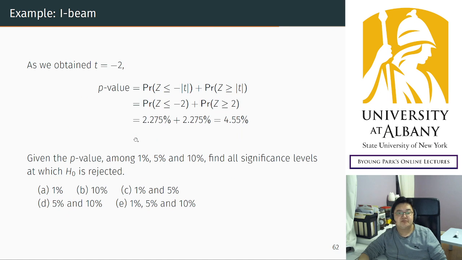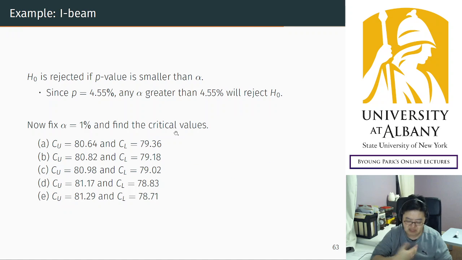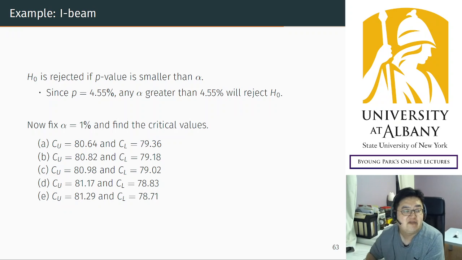So the t-statistic approach and the p-value approach are equivalent to each other by construction. And finally, you may consider the critical value approach. Now I'm going to fix alpha to 1% because you need alpha to calculate the critical values. And yes, calculate the critical values.